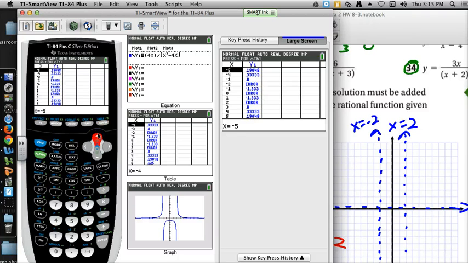So at -5, we're at about 0.2. But as we go further and further along, we see, in fact, even though the graph looked like it was crossing, it isn't. So again, we can't trust the graphing calculator for everything. We have to use our head for some of this.